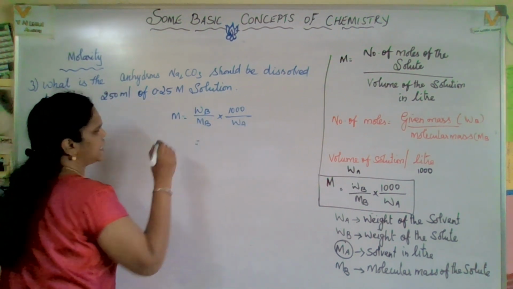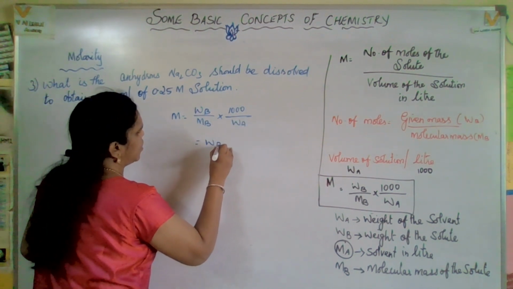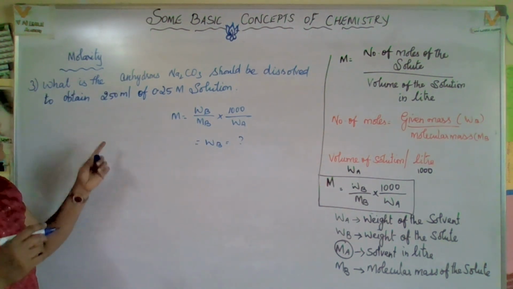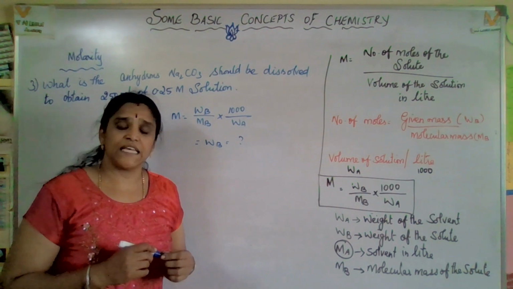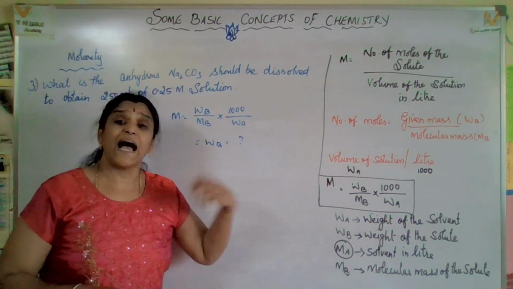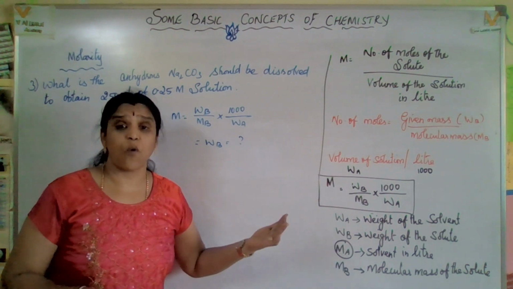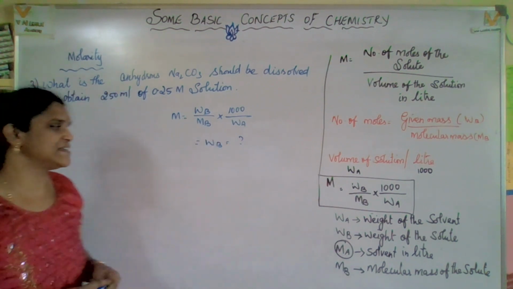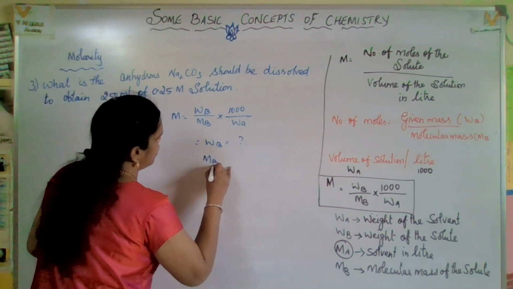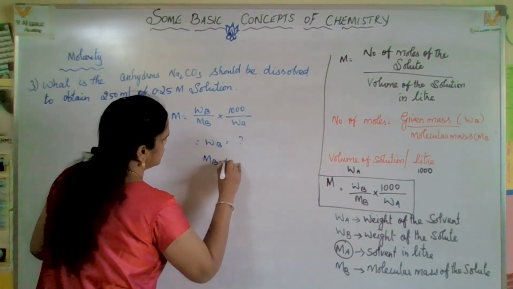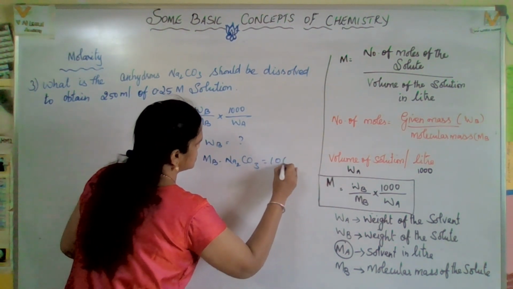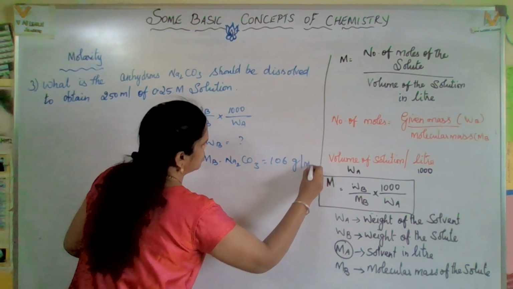Okay, now let us write each thing. WB only you have to find out. And one more thing I wanted to mention, anhydrous Na2CO3. See, crystalline Na2CO3 means H2O will be available. Anhydrous means there is no water. That is what anhydrous means. Now, WB. MB of sodium carbonate, Na2CO3, is 106 gram per mole.